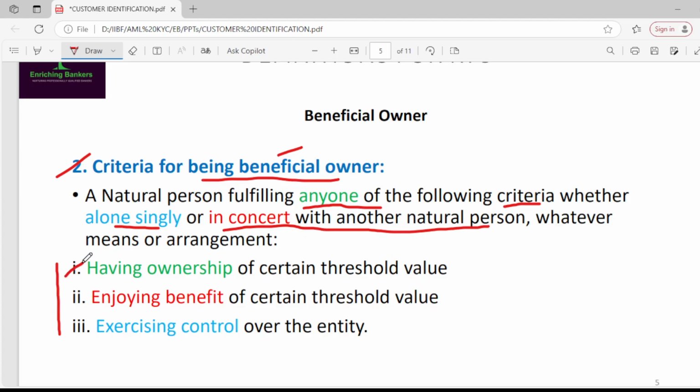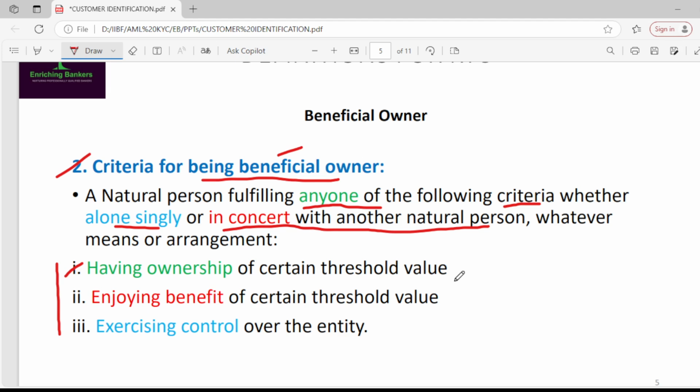Let us see first criteria, having ownership of certain threshold value. Ownership is about holding something beyond the required level.